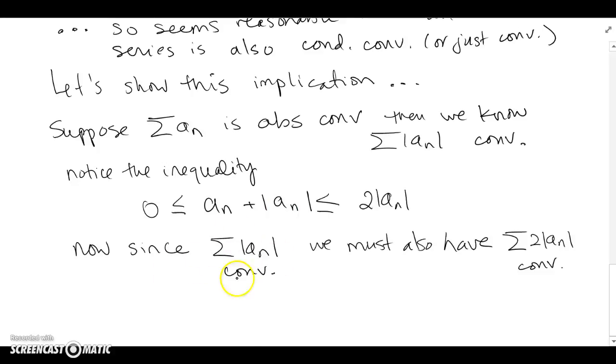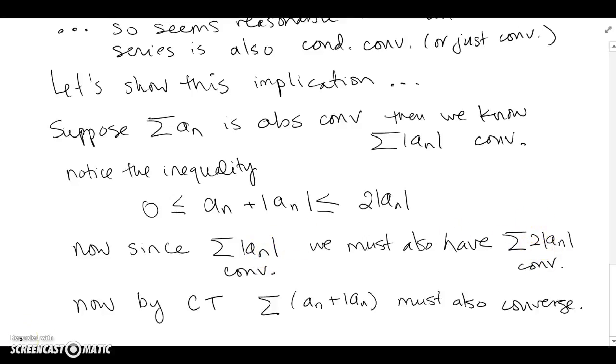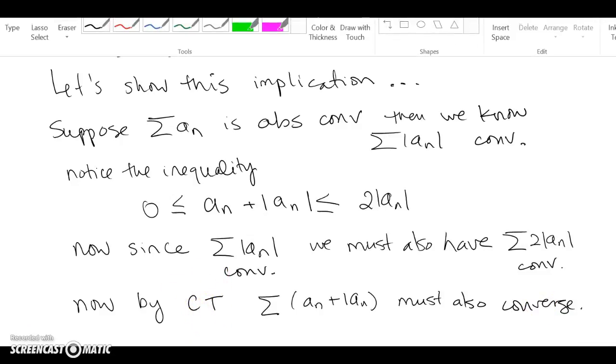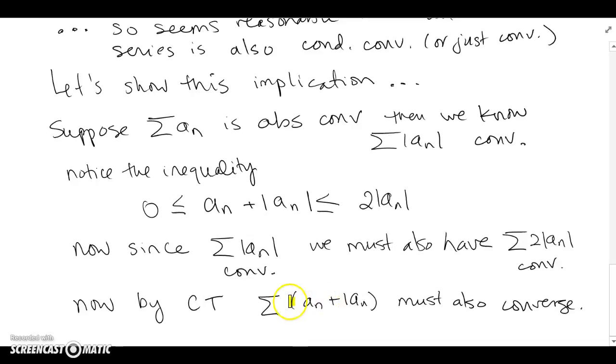So now, since we have that the sum of the absolute value of a sub n converges, because that was our given fact, we also know that double the absolute value of a sub n must also converge, because that's just a multiple of a convergent series. So this must also converge. So then we can conclude that by the comparison test, I must also have this series that converges.